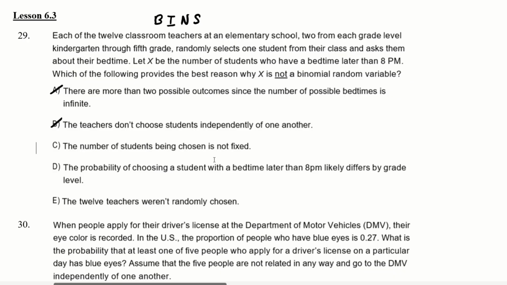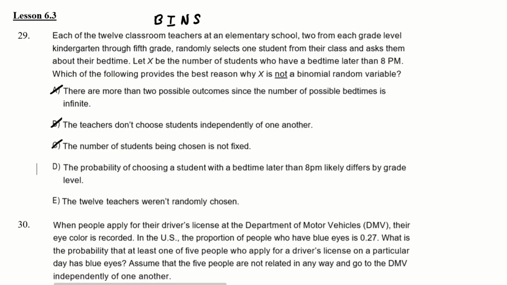C, the number of students being chosen is not fixed. So is it fixed here or not? It says each of the 12 classroom teachers, 2 from each grade level. So they do have a fixed number of people, right? So that wouldn't be a reason why it's not binomial. Okay, so that's not right.